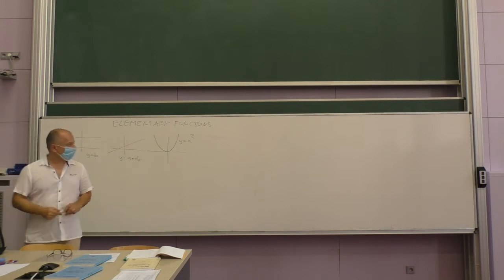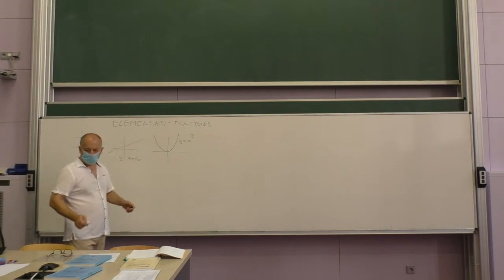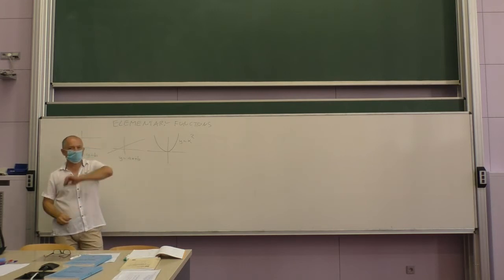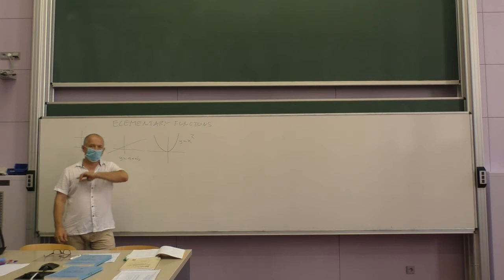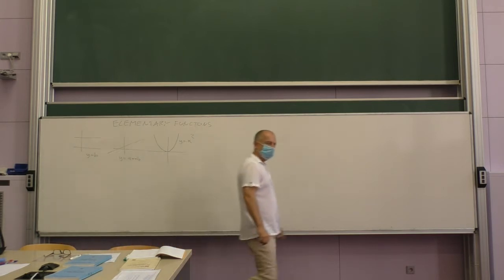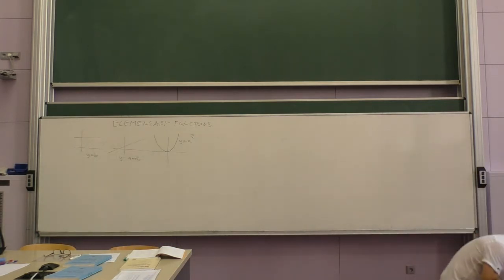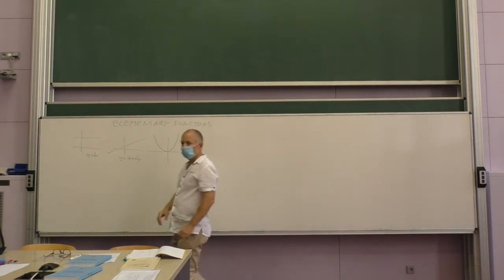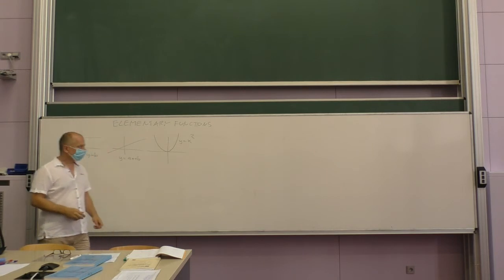A parabola is something that you can see in your life. If you consider motion of a point in a homogeneous gravitational field, then the trajectory of such a point is again such a parabola, this time upside down.